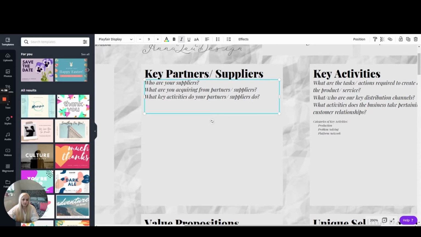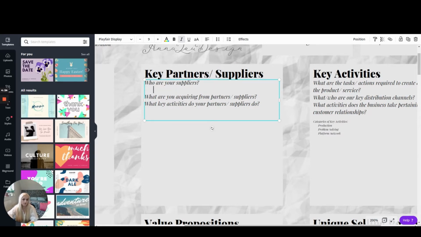Here are your suppliers. I haven't done that much research into suppliers. However, I think a good place to start is just using Amazon supplies. I don't really need any physical supplies except for the dancewear shop, because I'm selling physical products there. For now though, it's only going to be digital products. So let's just put Amazon.